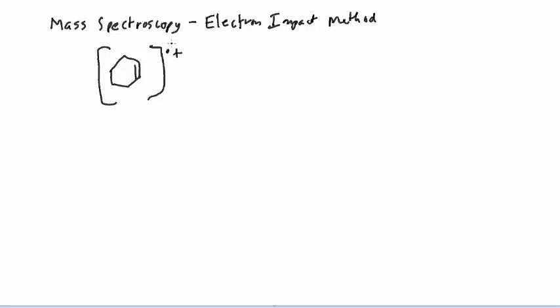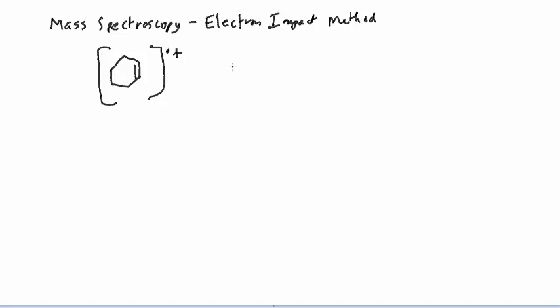Now, the drawing we have here, though correct, is not convenient to use when you're trying to figure out the fragmentation pattern. We have to remember that when you have an alkene, the electron that's removed by electron impact is one of the double bond electrons.